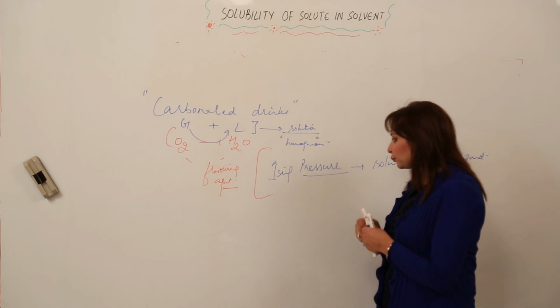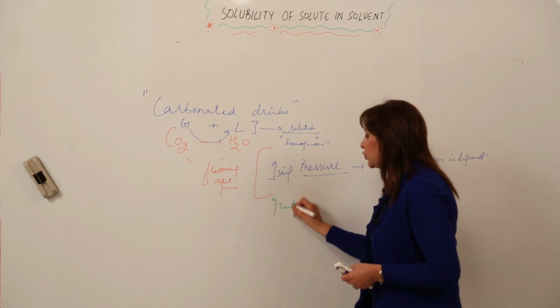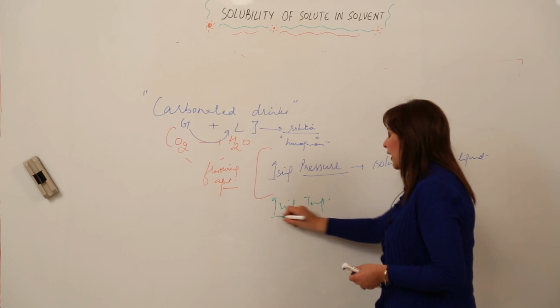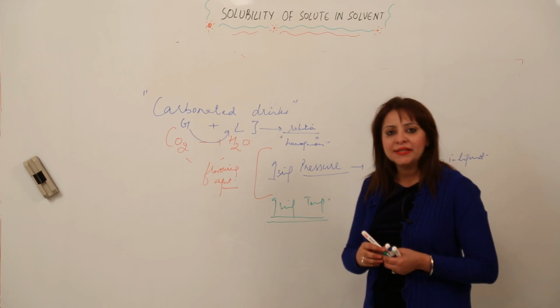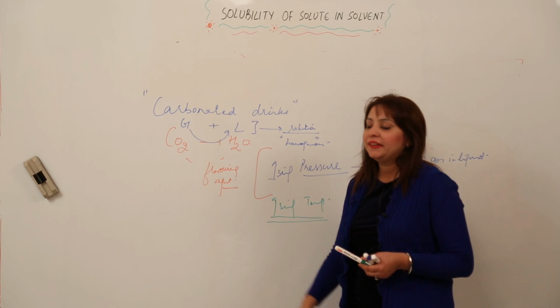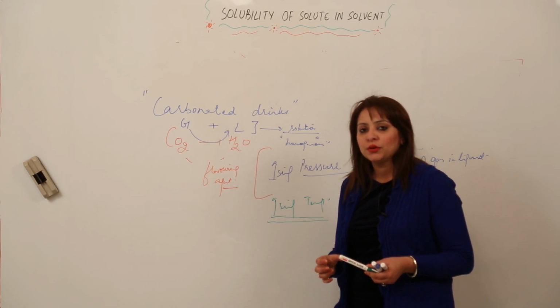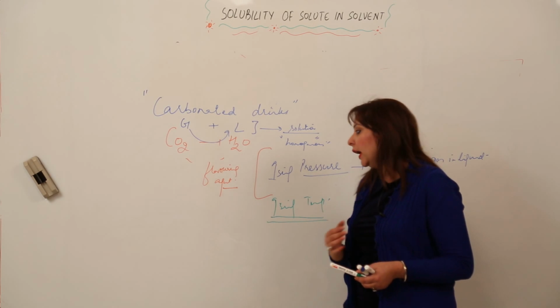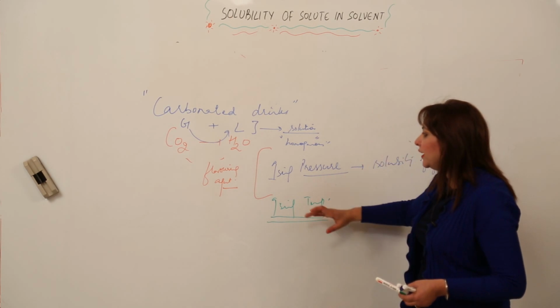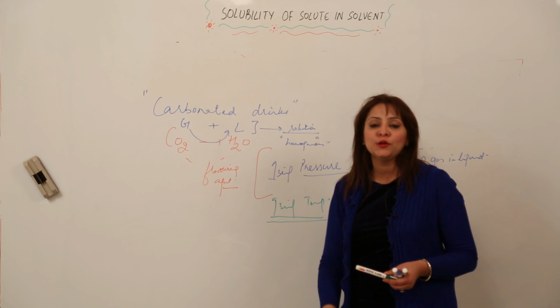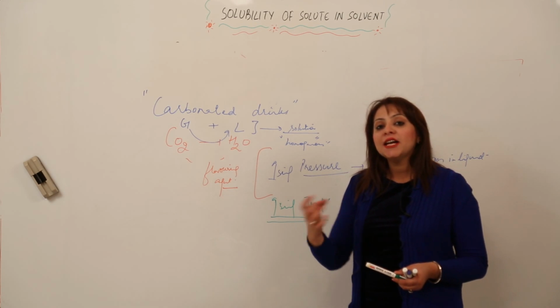And similarly, if I am increasing the temperature, what happens? If I ask you to consider that I am increasing the temperature, will the gas remain dissolved in liquid, or will it separate out? So what comes into your mind? Yes, you're right. When we are increasing the temperature, the gas molecules are gaining energy and start moving faster.